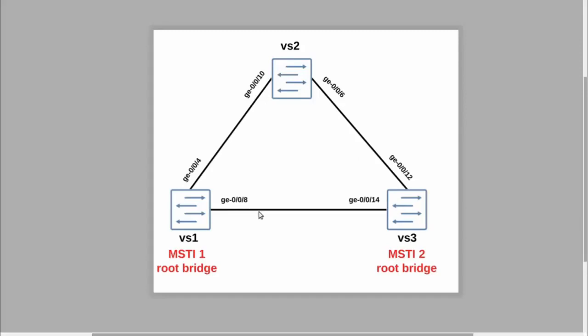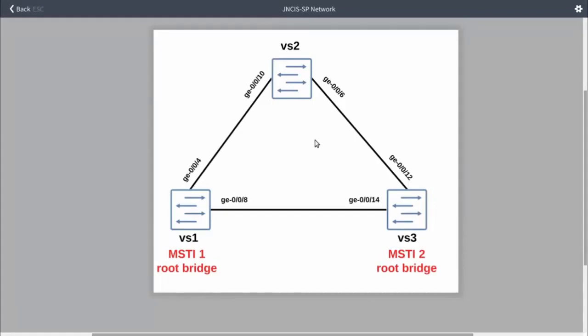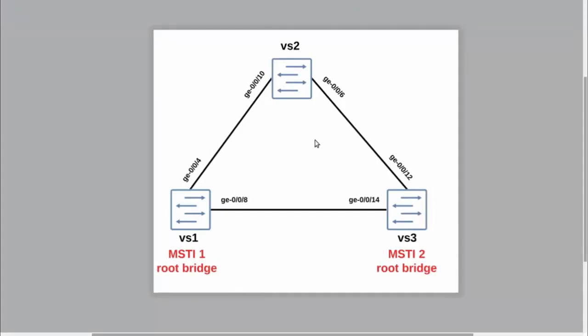And then the main benefit of multiple spanning tree is that you can have separate forwarding topologies mapped to different VLANs to maximize the use of your installed capacity. And we do this by mapping different instances to different topologies.